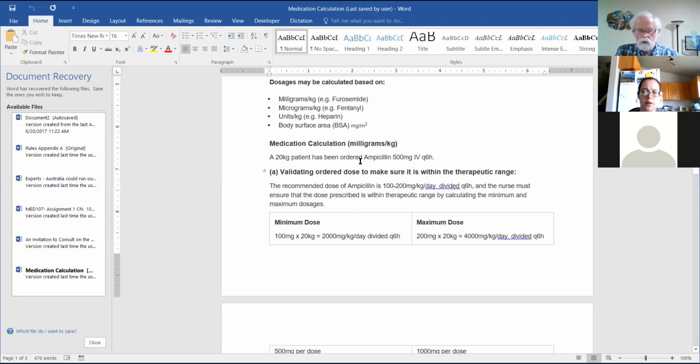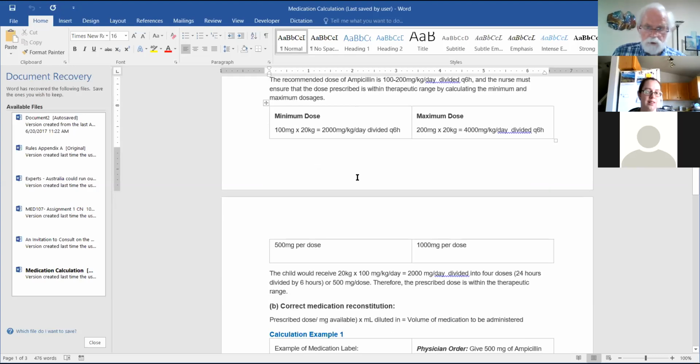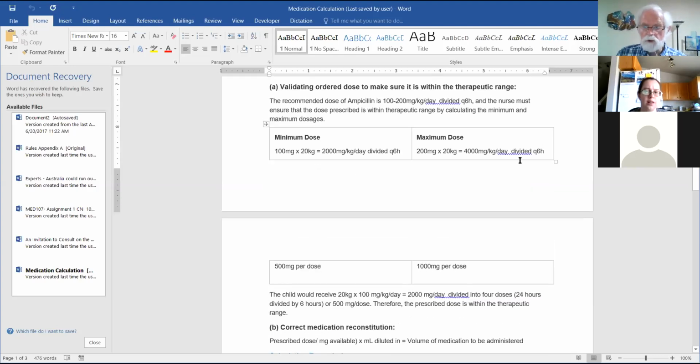So when you see the phrase "in divided doses," your question is, how many doses is it divided into? Is it 2 times? Is it 3? Is it 4? Whatever. And each dose will be an appropriate fraction of the total amount given. So if it's every 6 hours, that's 4 times a day.